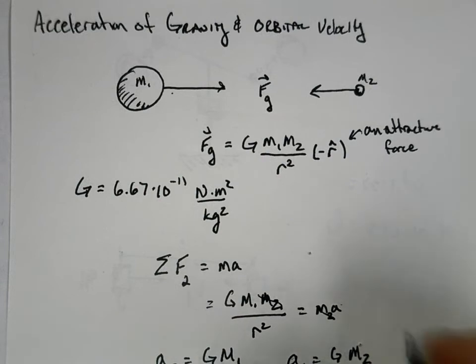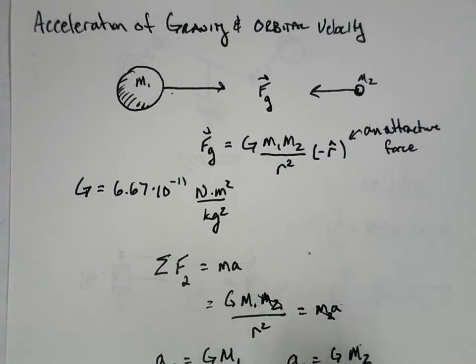And so what we get is this idea that if we have this acceleration due to gravity, 9.8 meters per second squared, g is going to equal G times M over r squared.